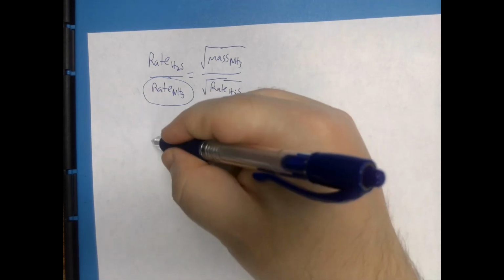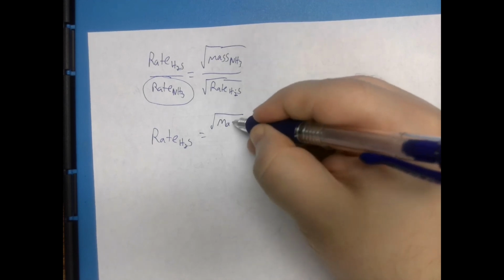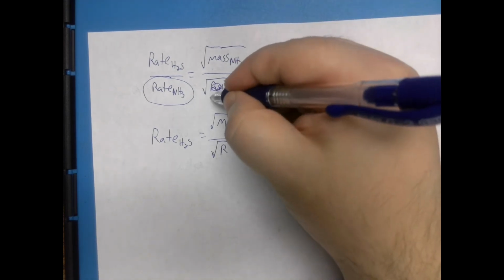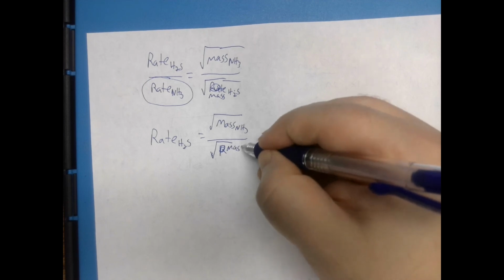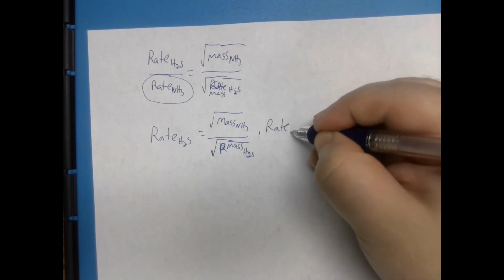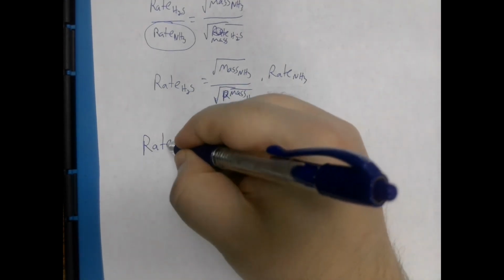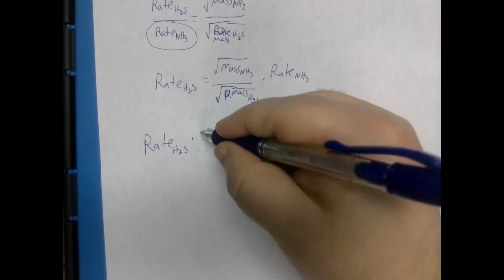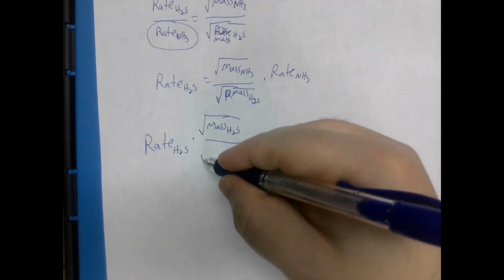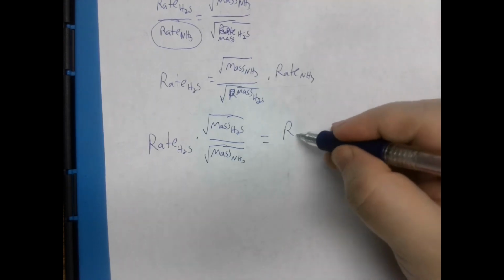So I have the rate of H2S times the square root of mass NH3 over the square root of mass H2S, equal to the rate.